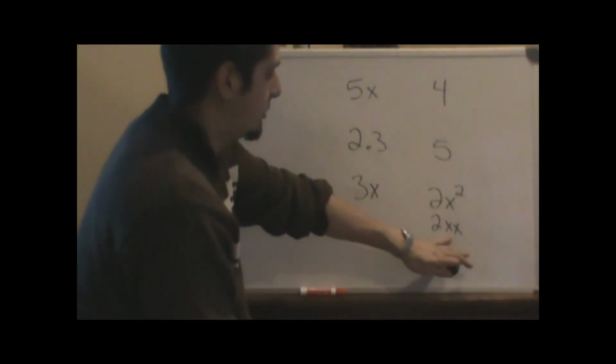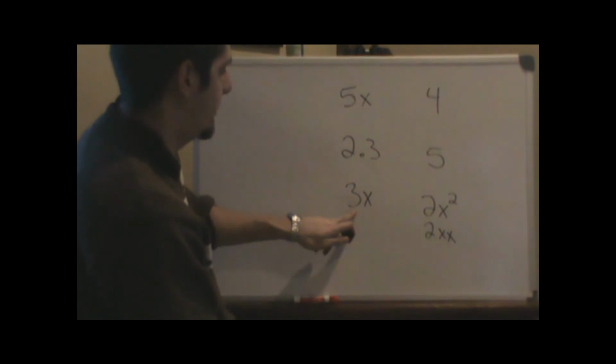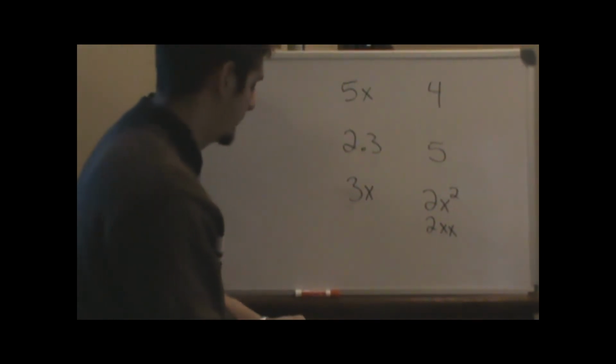So this one has 2 x variables, while this one only has 1.